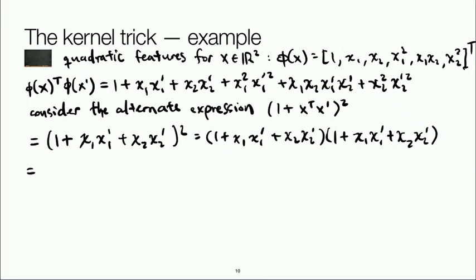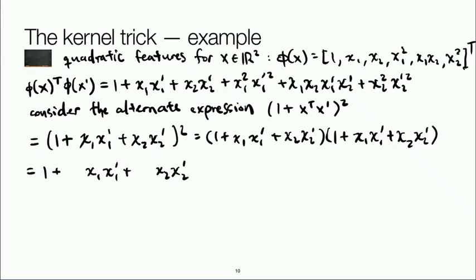The first thing is we can look at 1 times this whole thing, which happens to be that thing, so I can just write that out. Plus, I'm going to leave myself some room for coefficients because I know that's coming later. x1 x1 prime plus x2 x2 prime. That's what I get.